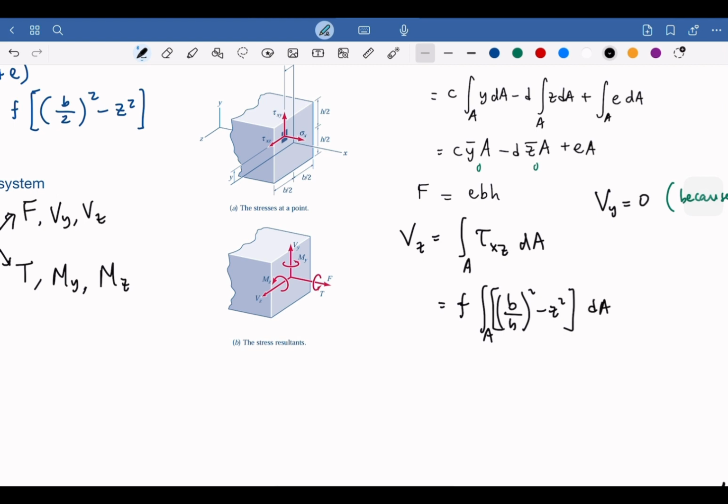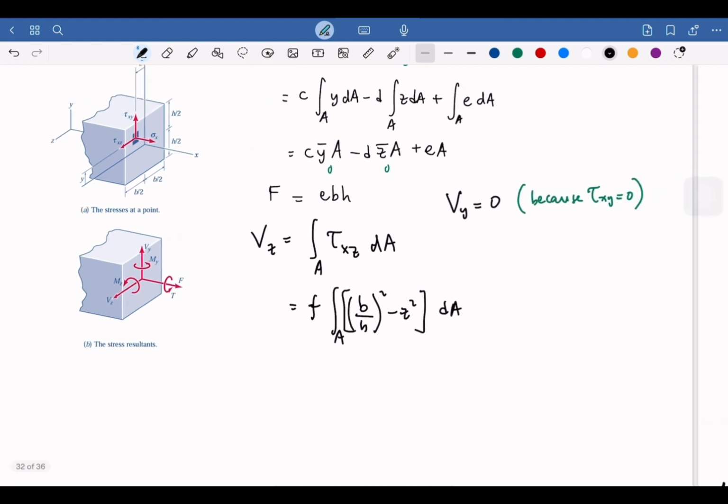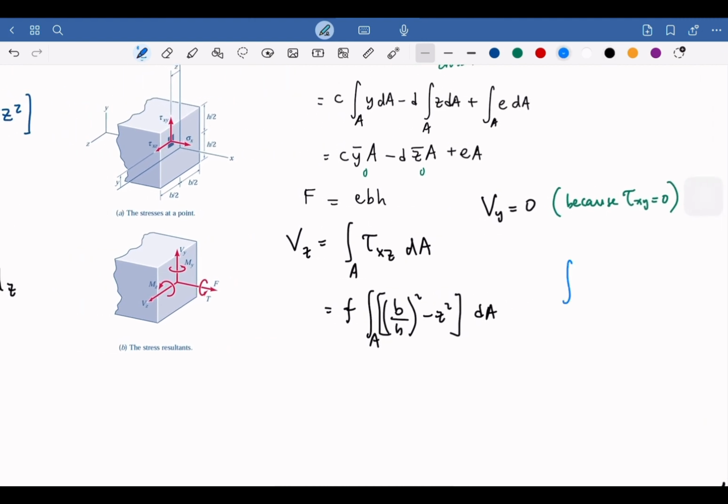Okay, now we know that the integration of z squared dA will be equal to h b cubed over 12, and the y squared dA, the inertia that we had before, will be b h cubed over 12. Now we can apply this to our equations.